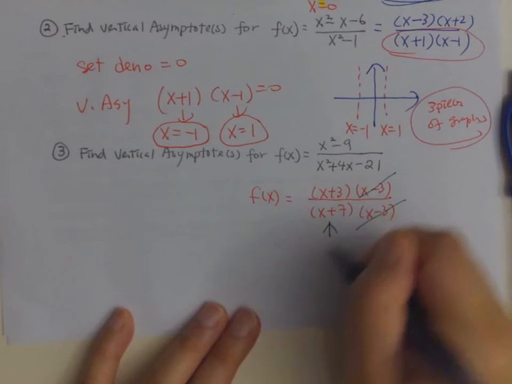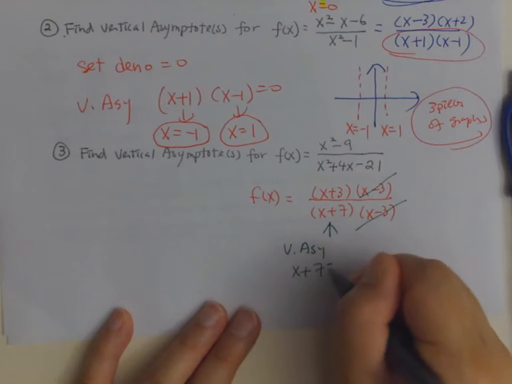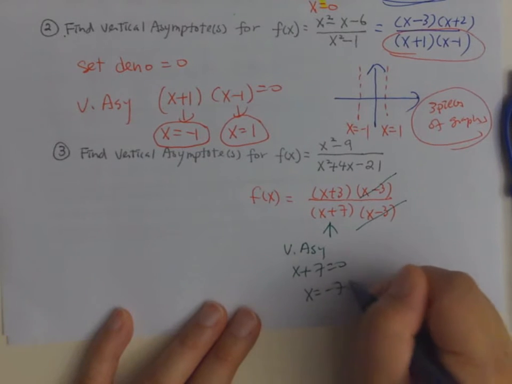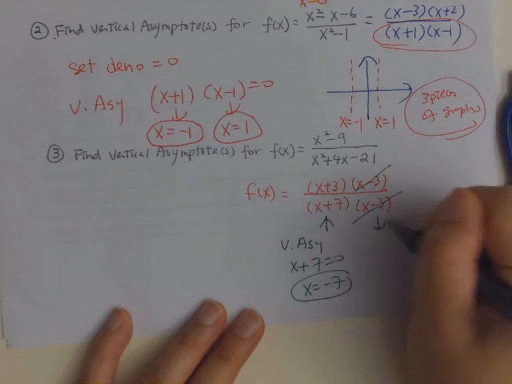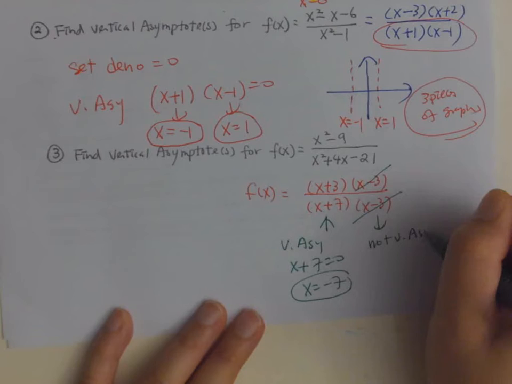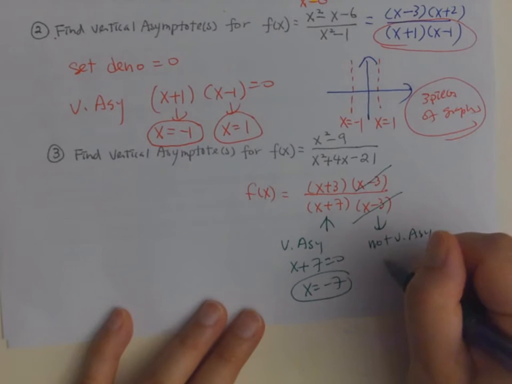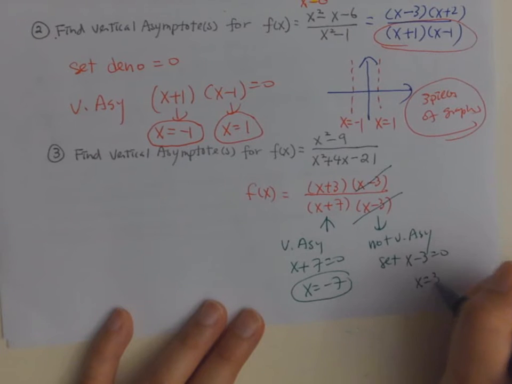First of all, I have one vertical asymptote. X plus 7 equal to 0, so x equal to -7 is my vertical asymptote, okay? And here, x minus 3 is not a vertical asymptote because I canceled it. But if I set x minus 3 equal to 0, x equals 3.